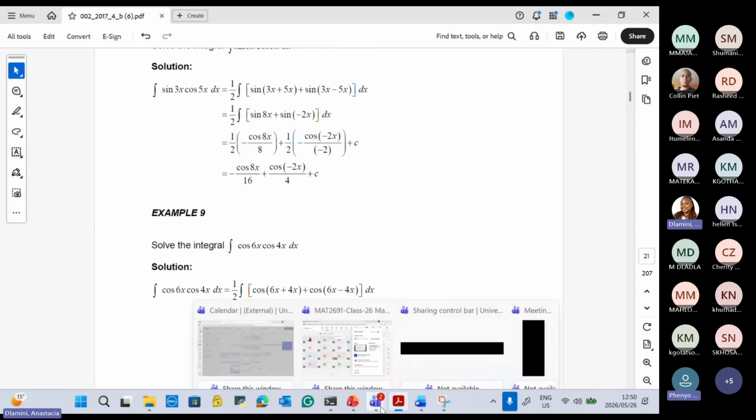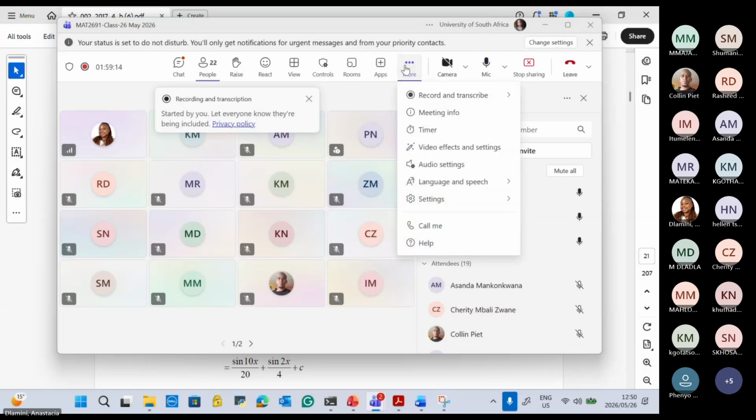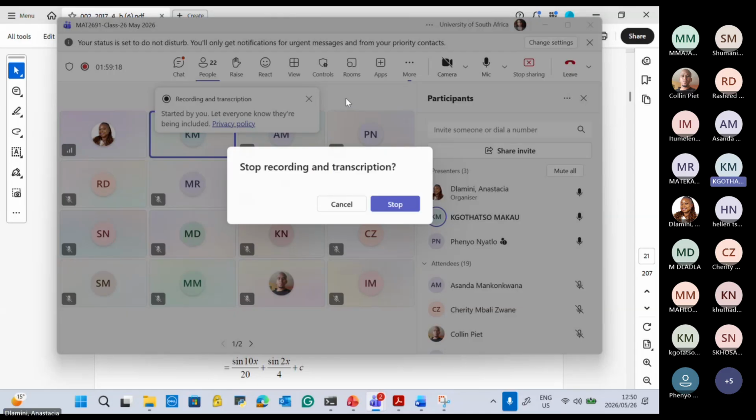You guys are for when debating both. Let me stop the recording. I remember you didn't do that example. We still have 10 minutes, why are you in a hurry? Which example? I did the example. No, you didn't do number 6.